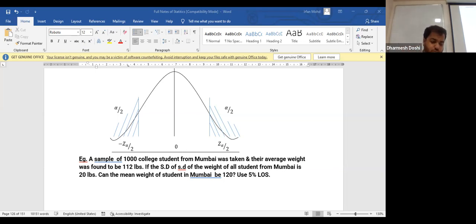Right, note, whenever we have two tail, in the bracket we write two-sided.